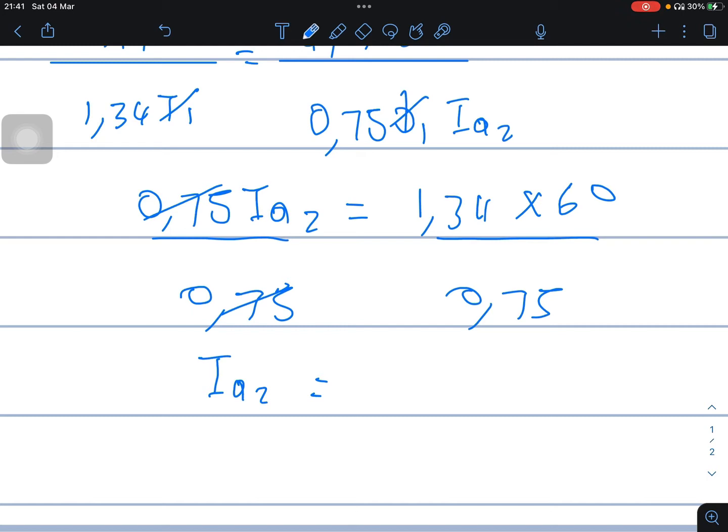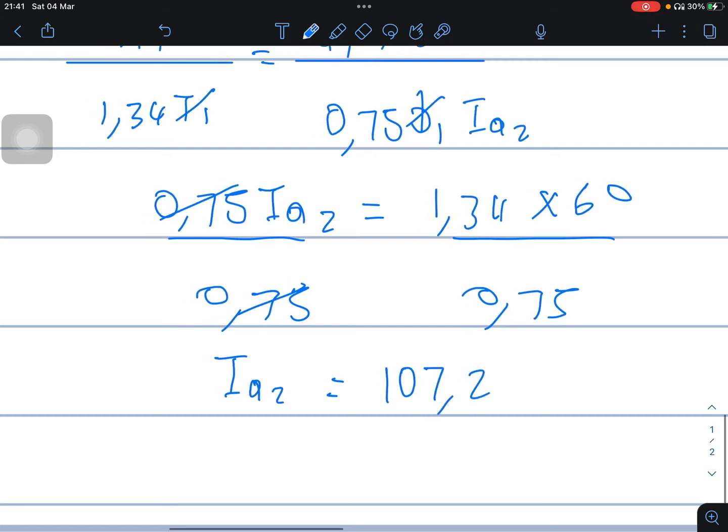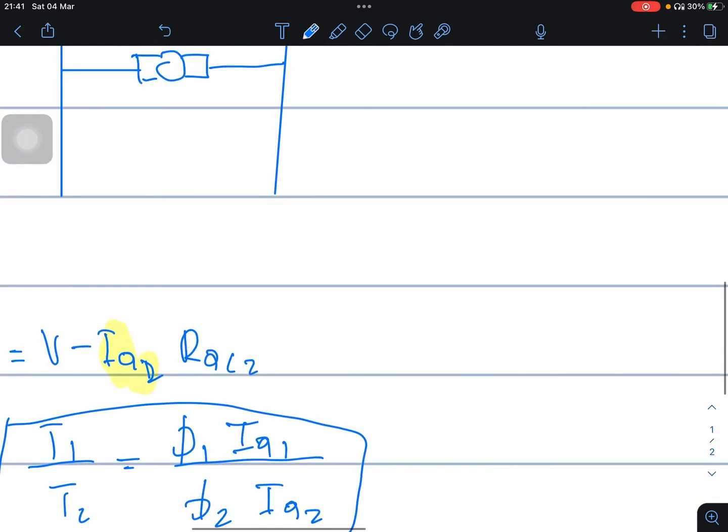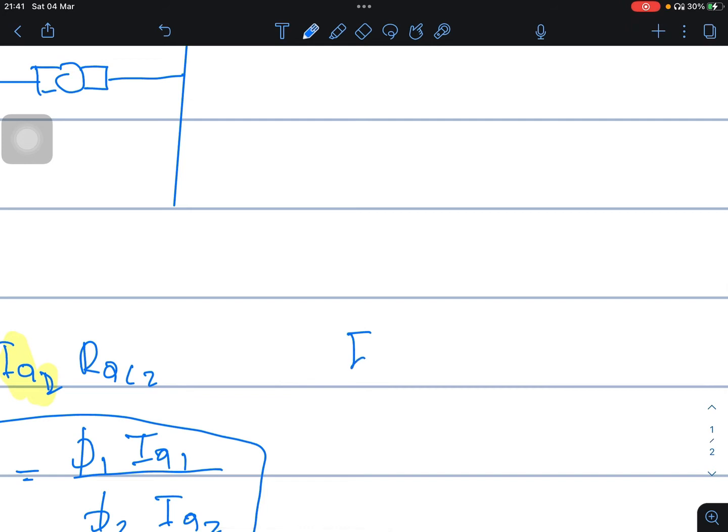Okay, let us calculate this current: 1.34 times 60 over 0.75. This current is going to be 107.2 amps. Now that we found this current, we can now calculate E2.